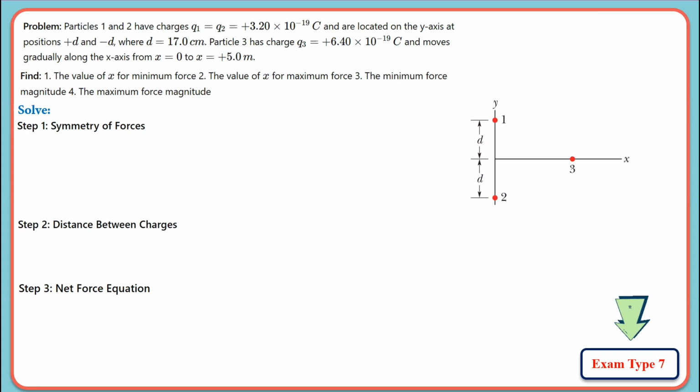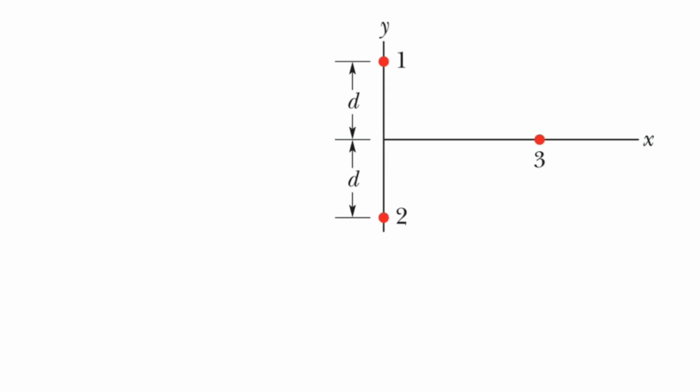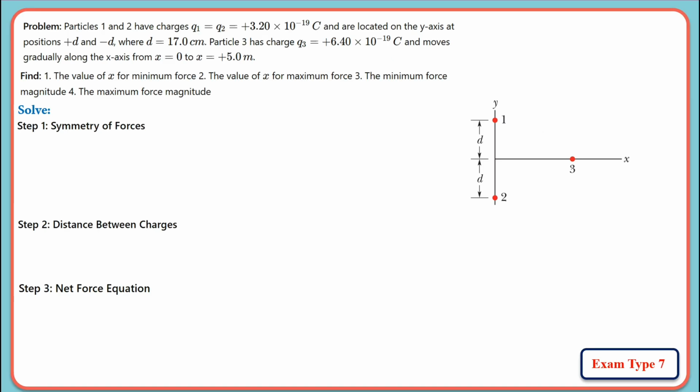Now let's solve type 7 of the important exam questions from chapter 1. We have 2 equal charges placed symmetrically on the y-axis and a third charge moving along the x-axis. We need to determine where the force on particle 3 becomes minimum and maximum.